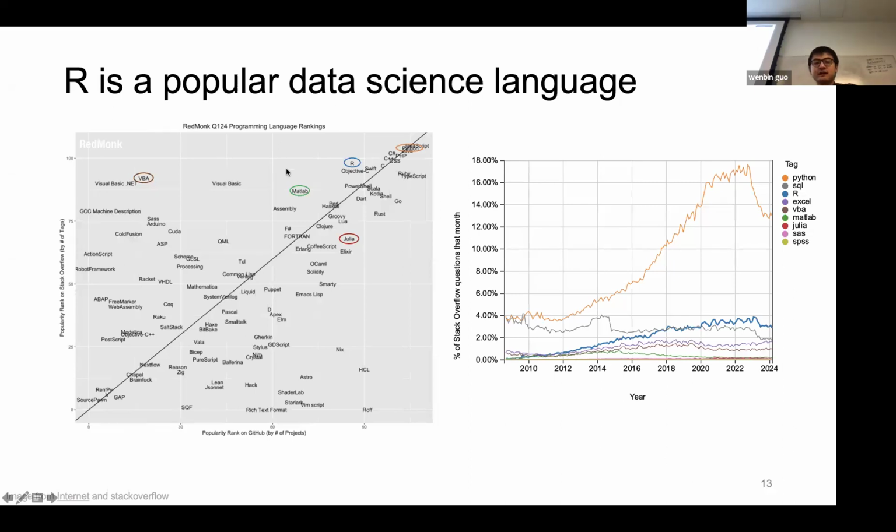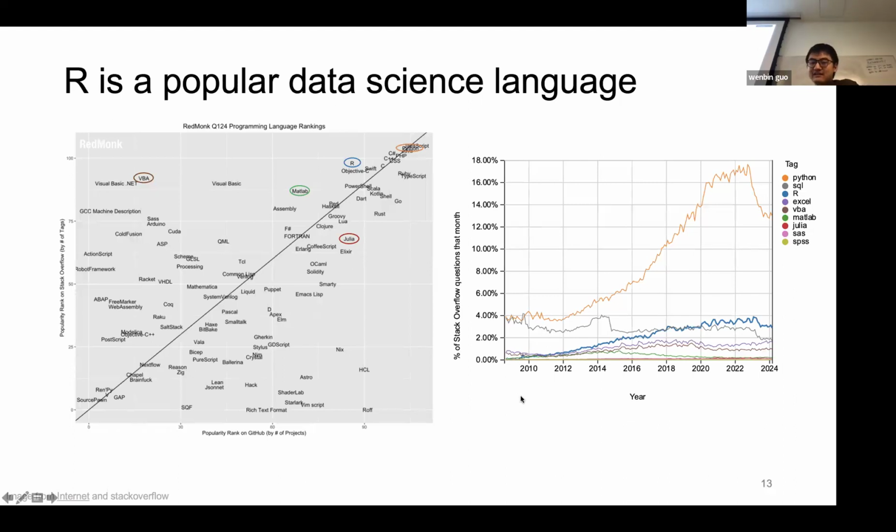So you can see that for the data science languages, R is standing at a pretty good position. Although it's kind of inferior to Python, Python is so hot right now. So R is in a good standing, I would say.